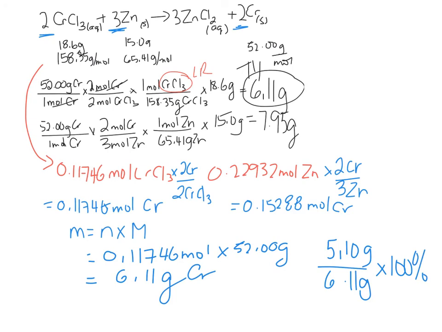And we get our percent yield, which is 83.5. Not as good as the last reaction that we did. When you do a single displacement reaction, when you have your solid reactant in there, it's hard to get a lot of the product off.